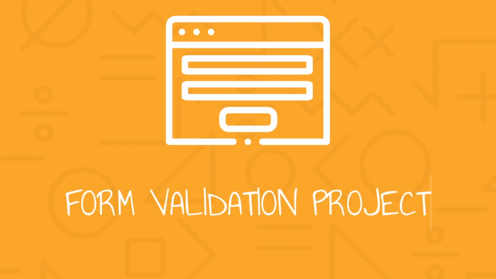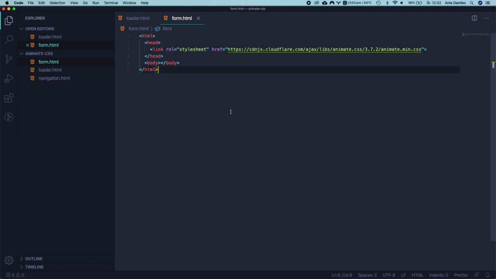Let's go to the third project, which is going to be a form with validation, and we want to make some animation if it's validated negatively. So let's build the structure of our form.